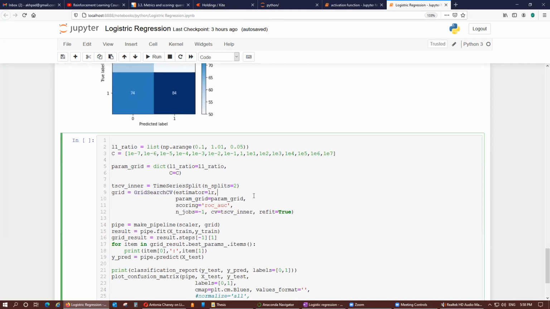Here the estimator is the model, the logistic regression LR. The param grid has all the parameters which you are passing. The param grid should be in list format. Scoring is the metric on which you select the model, the score which you are optimizing.